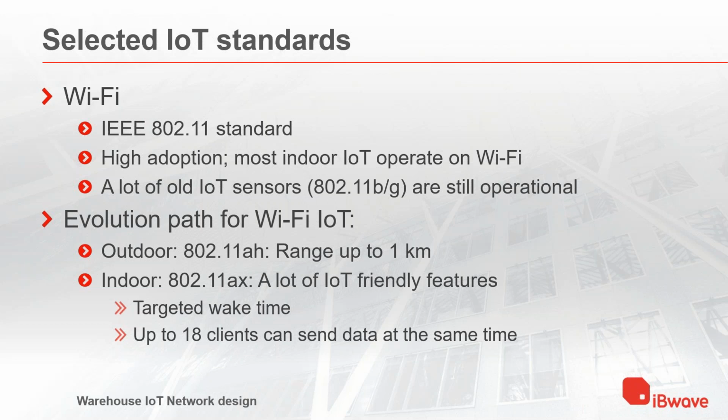And there is also OFDMA technology, and that last A means access. It means that multiple UEs, multiple IoT sensors, can connect at the same time to different smaller chunks of frequency.